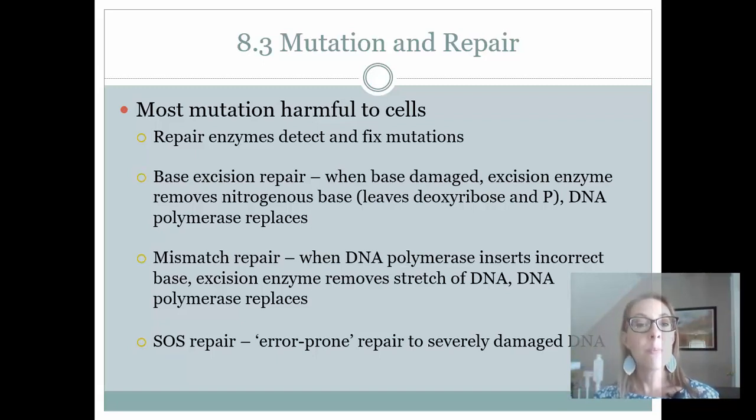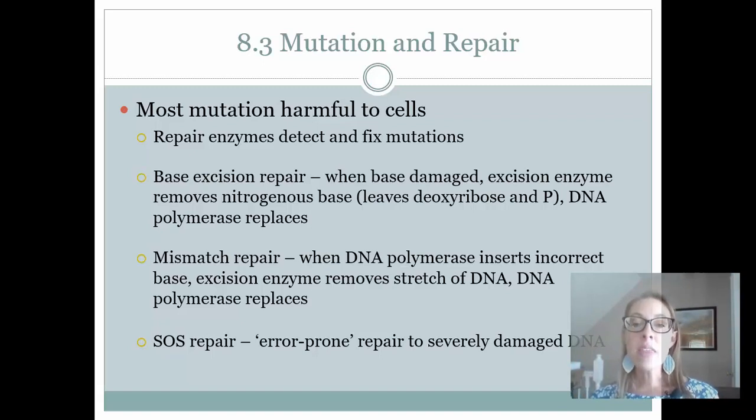And DNA polymerase is not going to be the enzyme that's going to remove that whole big stretch. But once it is gone, DNA polymerase will come in and be like, oh, my bad, I've got to go in and fix that. And it will correctly insert the right nucleotides, the right bases in that particular sequence.